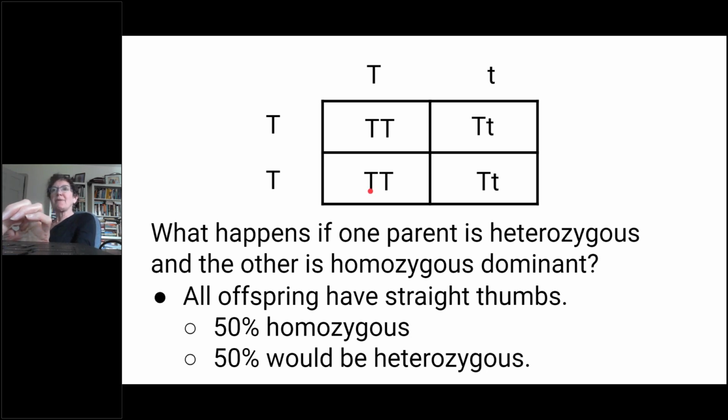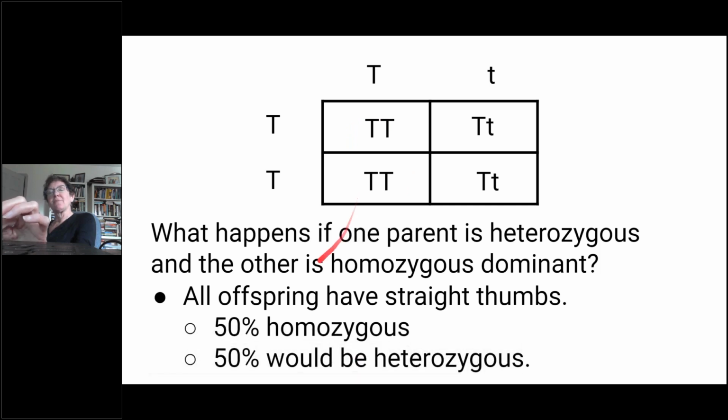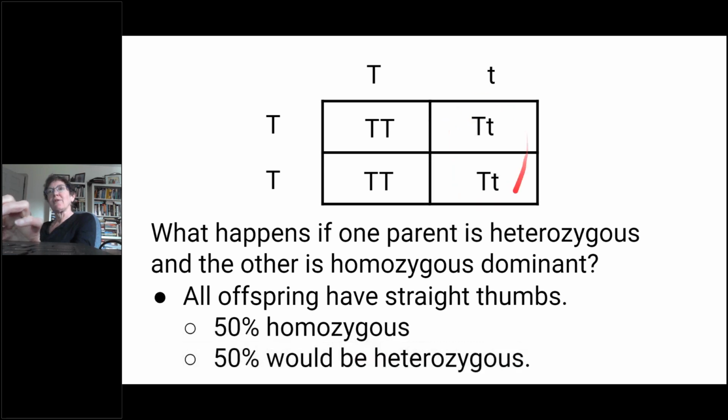Because the more offspring they have, the more likely that it would be exactly or close to 50% would be homozygous for straight thumbs, and 50% would be heterozygous for straight thumbs. So if any two parents had only one child, these are the possibilities. It's 50% chance that they would be homozygous for straight thumbs, 50% chance that they would be heterozygous for straight thumbs.